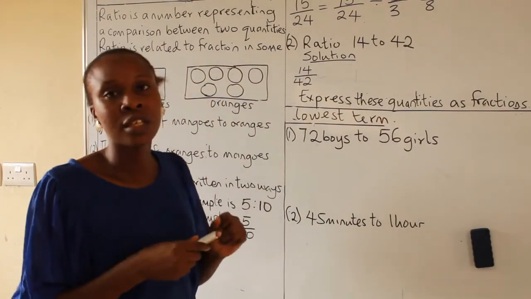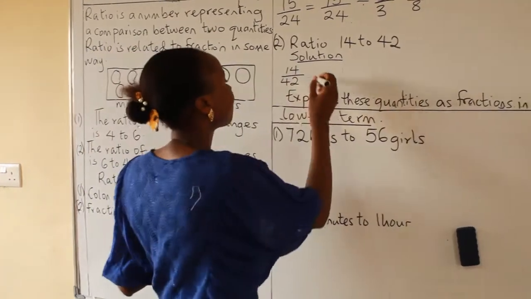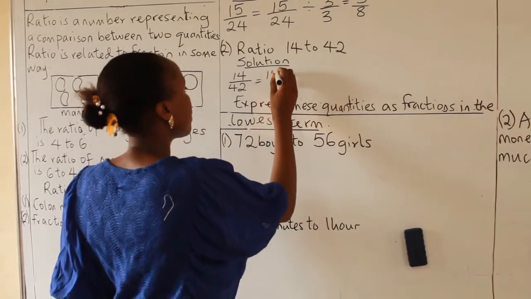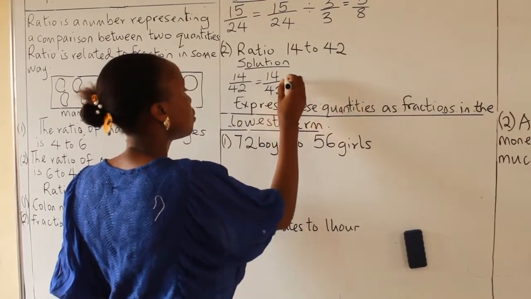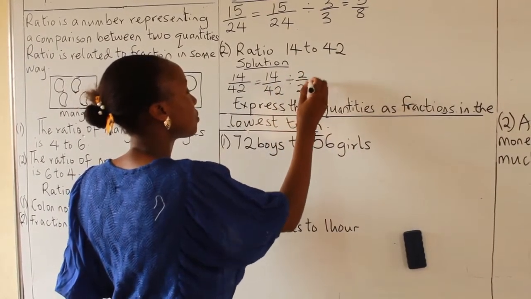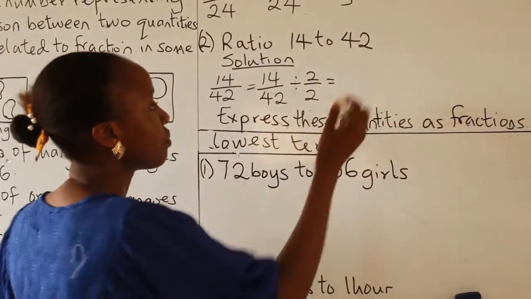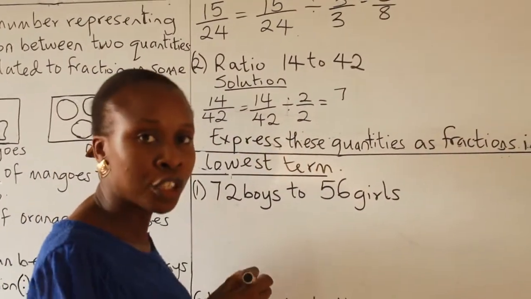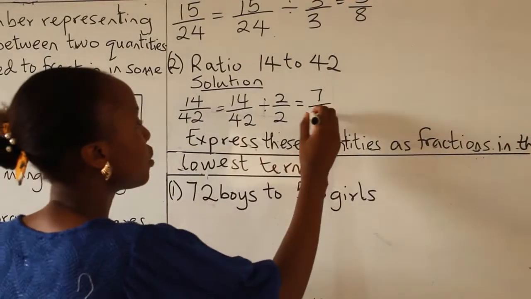We can start with 2. 14 over 42 divided by 2. 14 divided by 2 is 7. And 42 divided by 2 is 21.